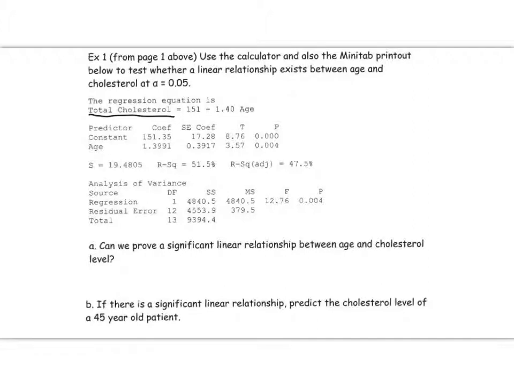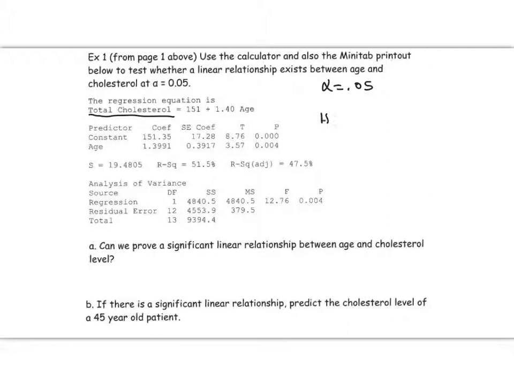We're going to use an alpha of 0.05, and the question is, can we prove a significant linear relationship between age and cholesterol level? So alpha is 0.05, and we're going to need to set up a hypothesis test first.